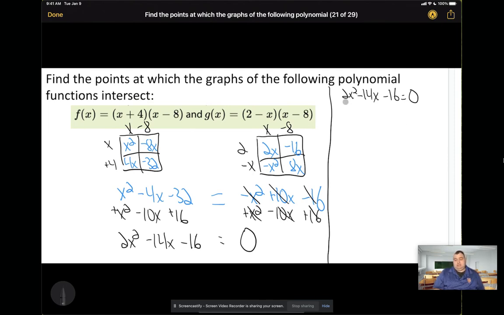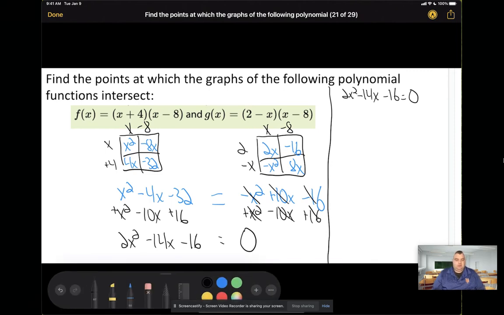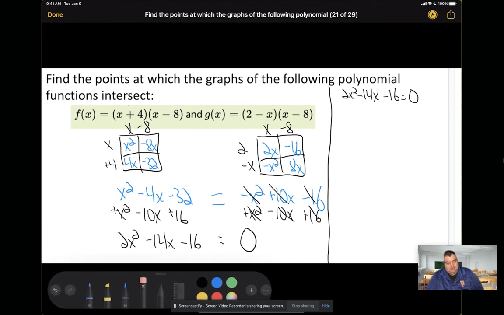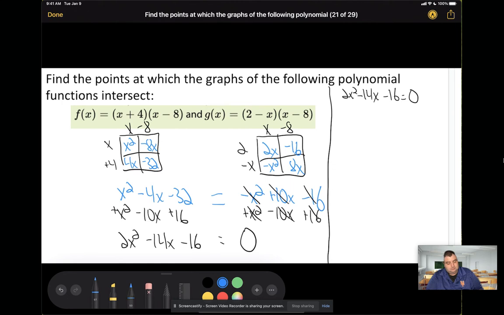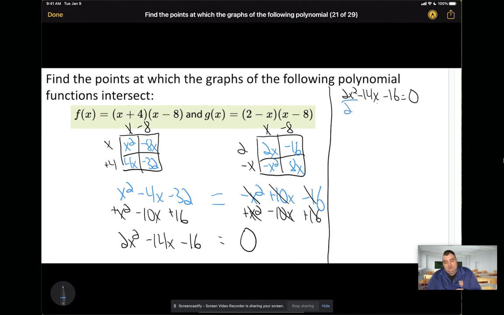The thing I notice is that all of the terms in this equation, 2x squared, negative 14x, negative 16, and 0 even, those are all even numbers. And we know that even numbers are divisible by 2. So to make things easier, I'm going to divide every term by 2. As long as I do that to every single term, then I'm okay.